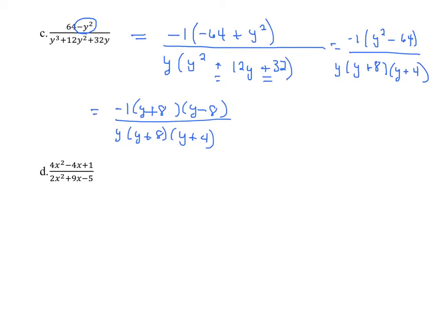So what can go? Well, the package deal of y plus 8 can go, and everything else stays. So -1 times y minus 8 over y times y plus 4. You're done. Don't go and multiply everything out. Just leave it in little factored chunks and move on.